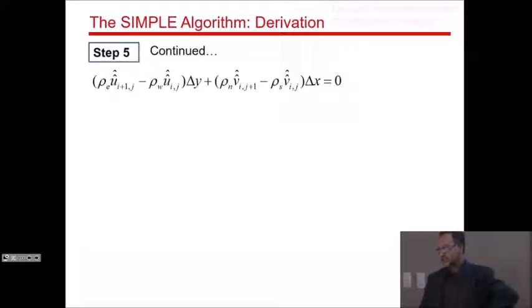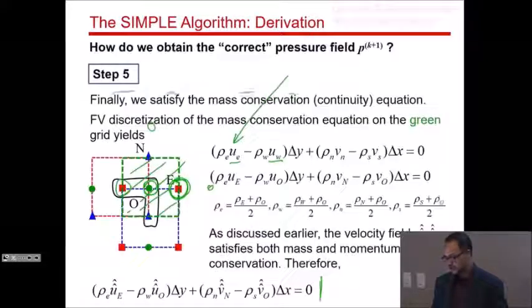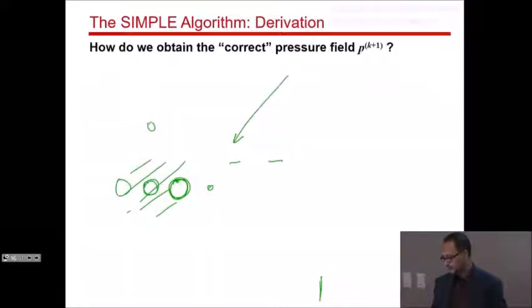And instead of using north, east, west, and so on, I've used IJ notation here because it kind of makes life a little easier down the road. So you see here the eastern I've replaced by I plus 1, the north I've replaced by J plus 1, and so on. Now what I'm going to do is take the u double hat and replace it with this velocity correction expression that I just derived a couple of slides ago.